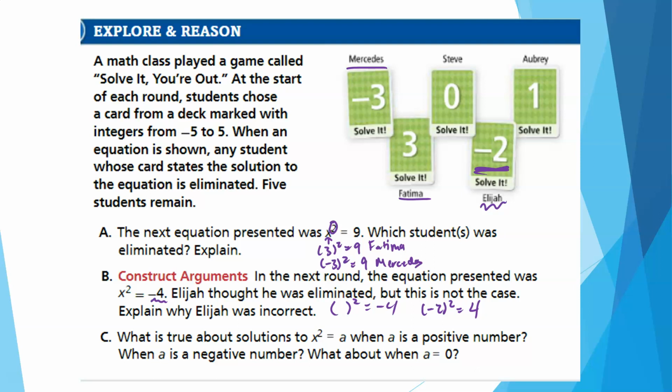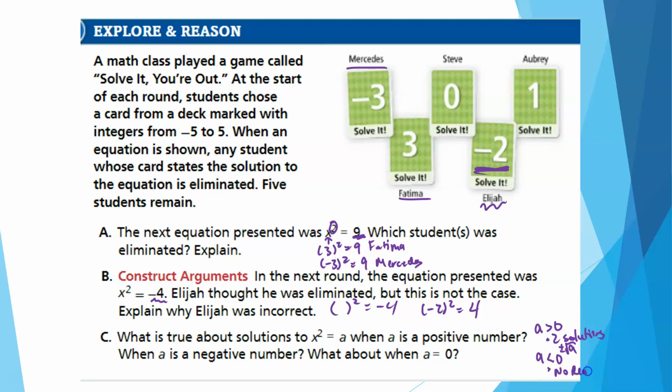Now it says, what is true about the solution to x squared equals a when a is positive? Well, when a was positive, a is greater than 0, we got 2 solutions, which were positive and negative the square root of a. When a was less than 0, we said we couldn't think of any real numbers that would give us that.